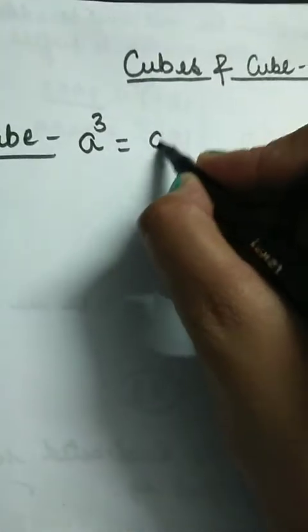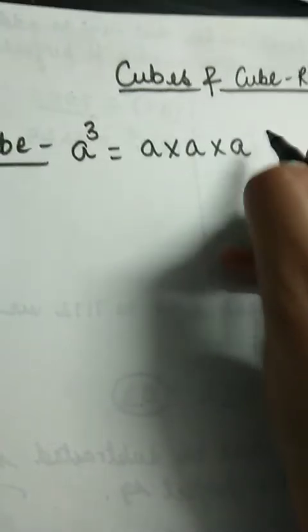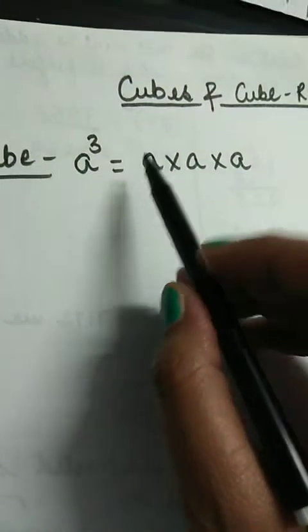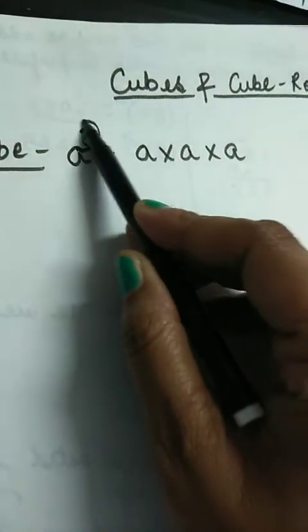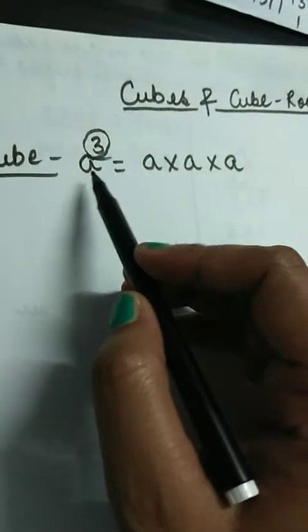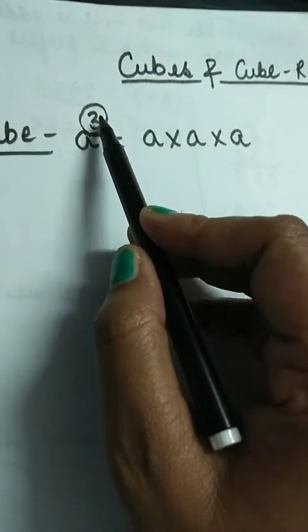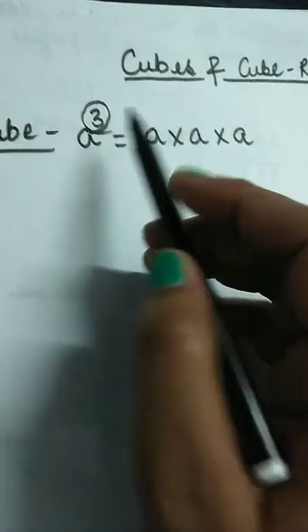It means a is multiplied by itself 3 times. This is the meaning of cube. And if a number is written with the power 3, it is called the cube of that number.